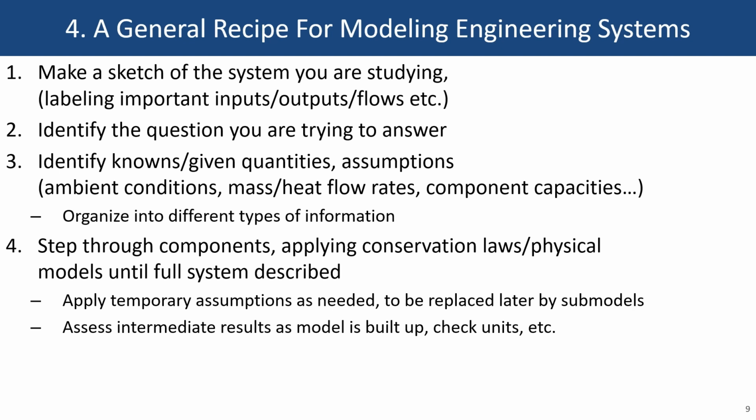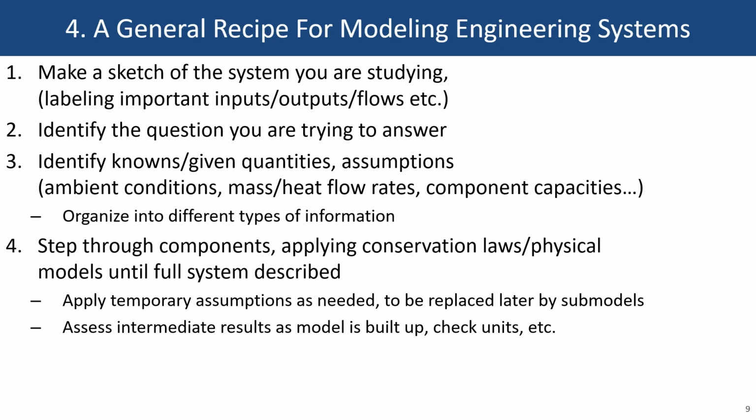And then once we have that, we can step through the different parts of the system, apply the conservation laws or physical models until we've fully described it, and use that to solve for the unknown quantities that we're trying to answer.